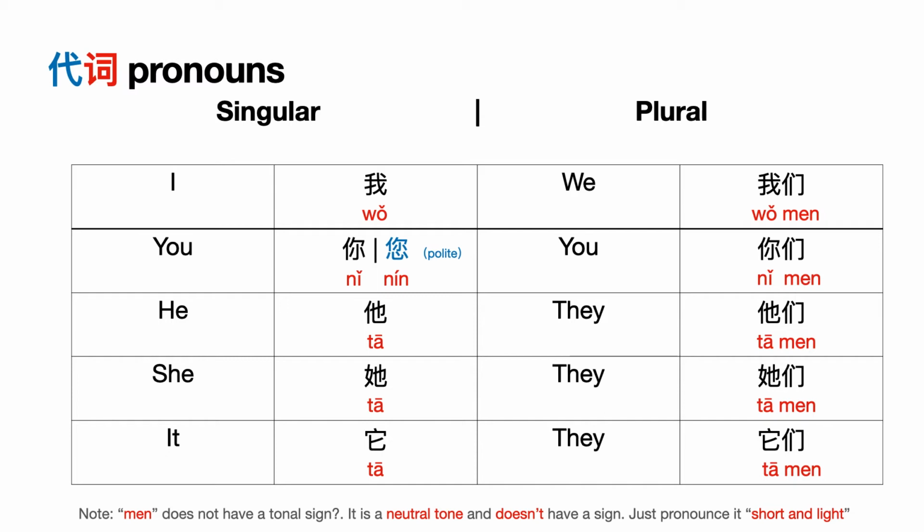But if you refer to a group of people that are men and women, then you use the first 他们, the man 他们. And the last one is also pronounced the same, 它们, used to refer to things and animals.